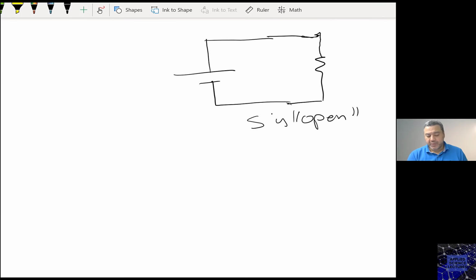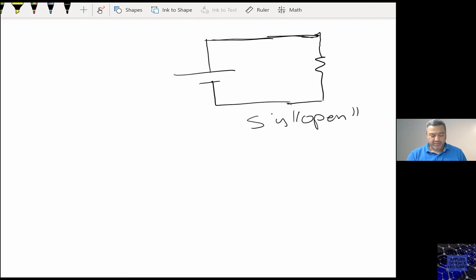What happened to the branch that has the switch open? Well, since there is no current going into this branch because the switch was open, the whole branch is eliminated.